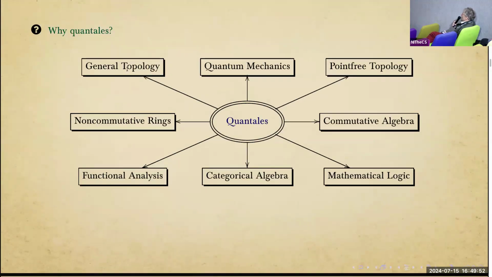Excellent. So quantals is like a mathematical structure that, in some sense, serves as a mathematical model for various things. And one of those things is the algebraic structure of quantum mechanics, or one could say the logic of quantum mechanics. So my question is, the arrow that you have drawn there, can it also be reversed?